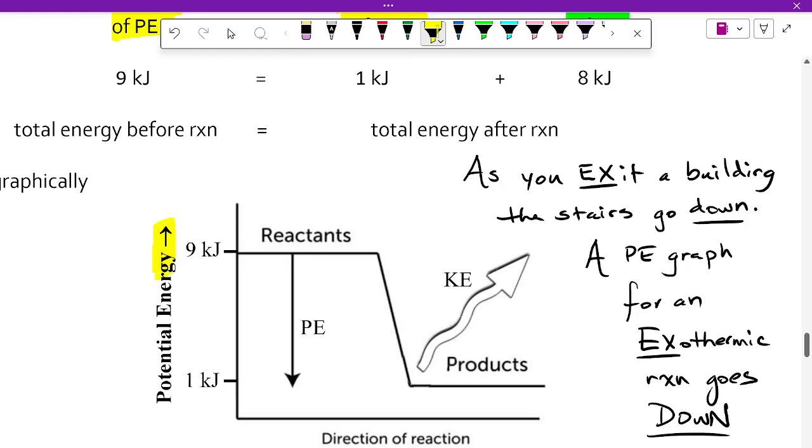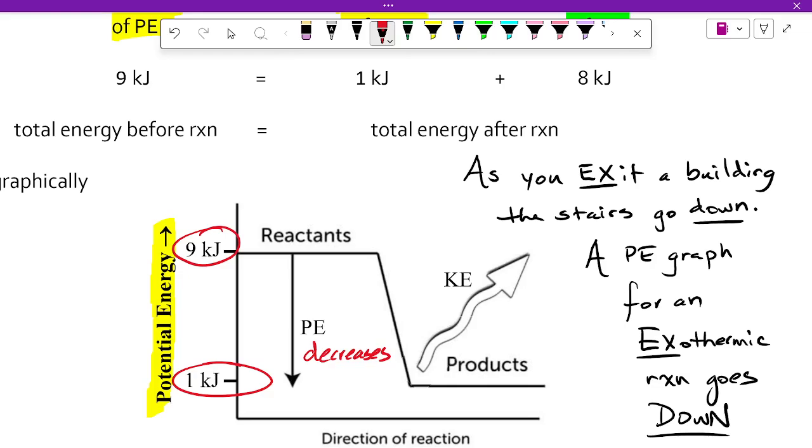Once again, potential energy is on our y-axis. This time we are starting high and we finish low. So our potential energy decreases. Where does that extra energy go?